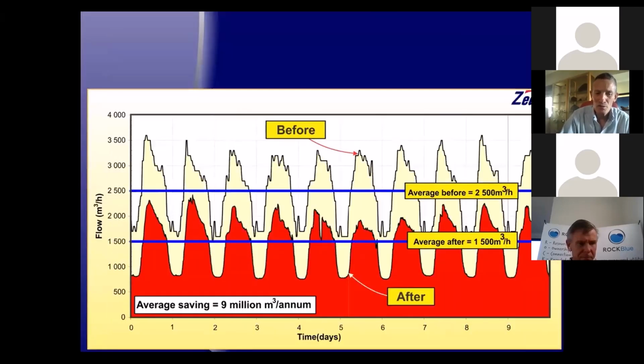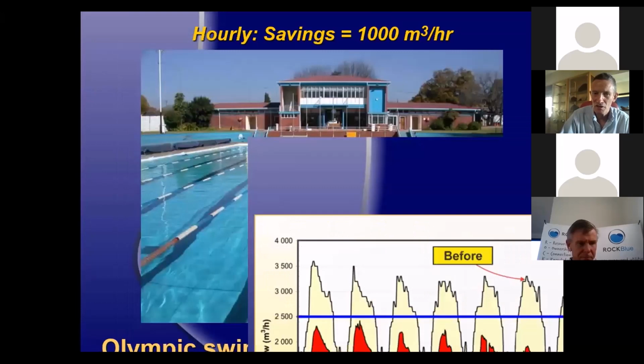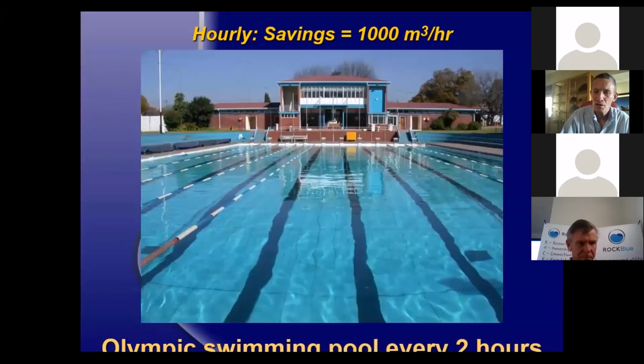The savings were about 9 million cubes per annum. We dropped the average daily flow from 2,500 cubes an hour down to 1,500 cubes an hour. Quite significant. The hourly savings were basically an Olympic-sized swimming pool every 2 hours, which is worth quite a lot of money, obviously.